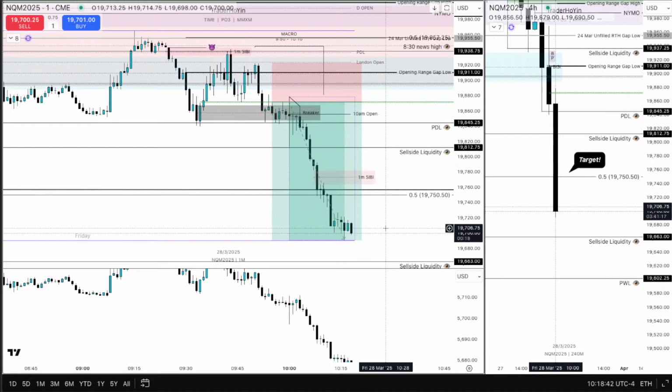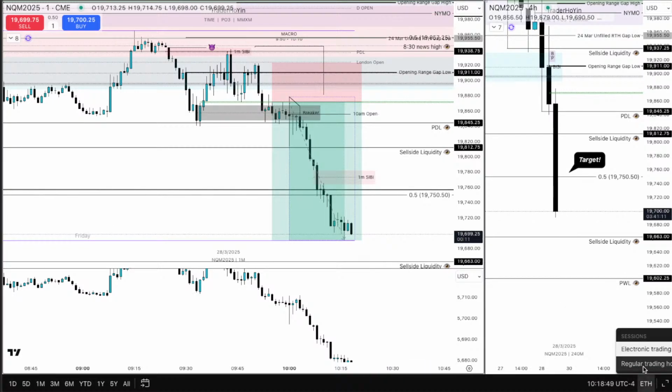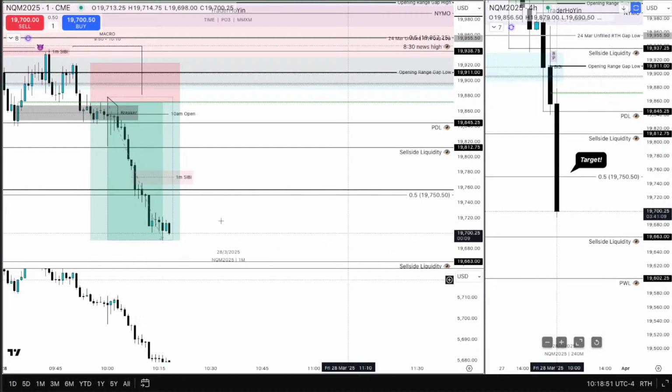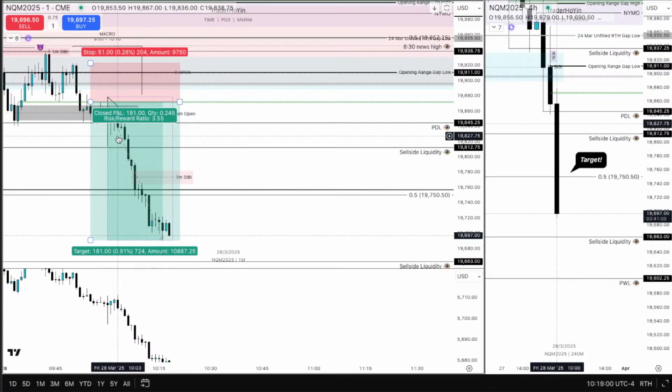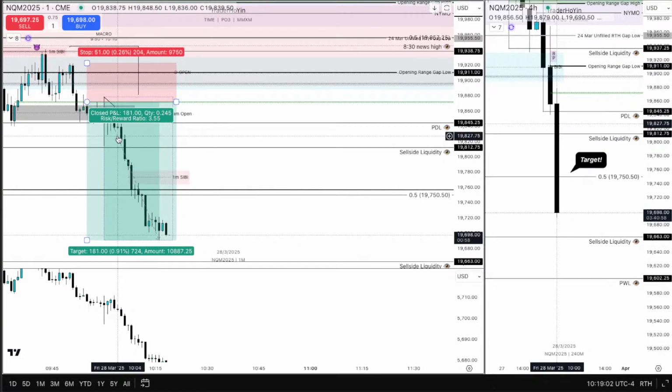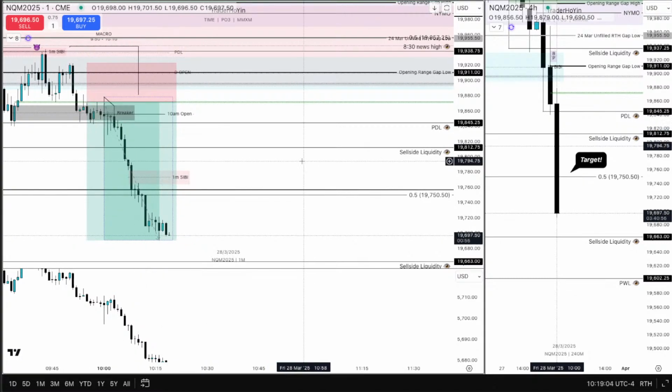So basically now we need to wait for 10:30. 10:30 is the regular trading hour, 1 hour candle open. Every hourly candle open, the price will be a little bit more volatile, and there's also a power of 3 happening whenever the candle opens, right?